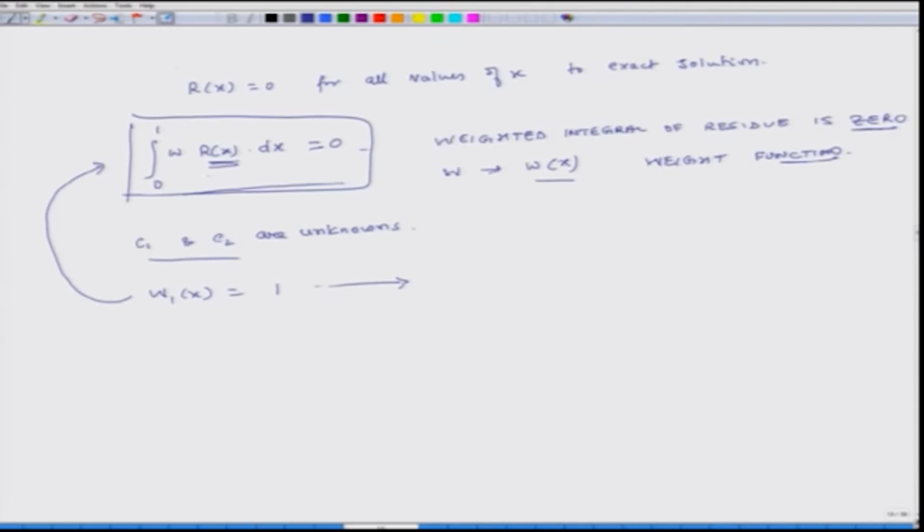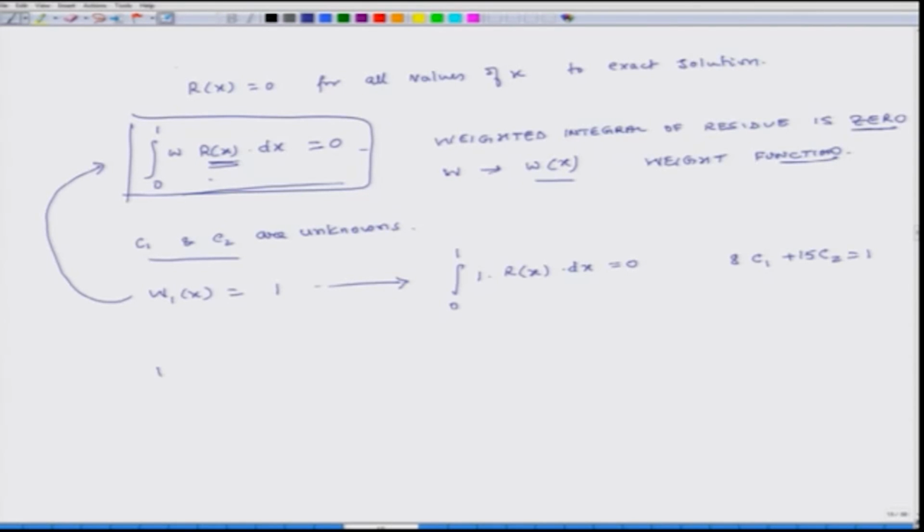So, I put that residue here and I get one equation. My first equation is the integral from 0 to 1 of the weight function 1 times residue of x dx is equal to 0, and from this the relation I get is 8 C1 plus 15 C2 is equal to 1. So, this is the first equation I get.